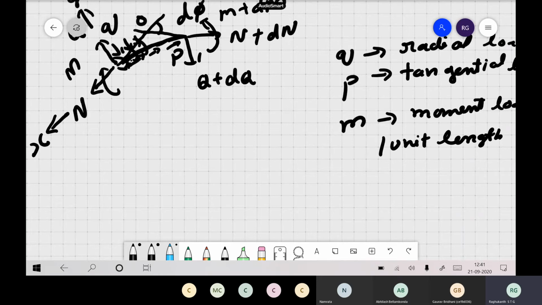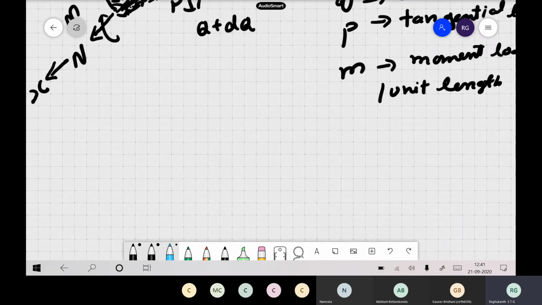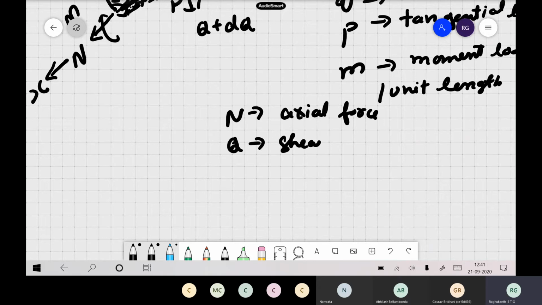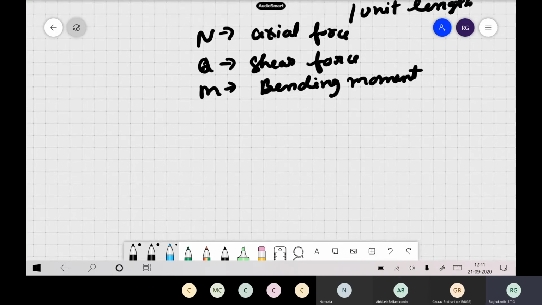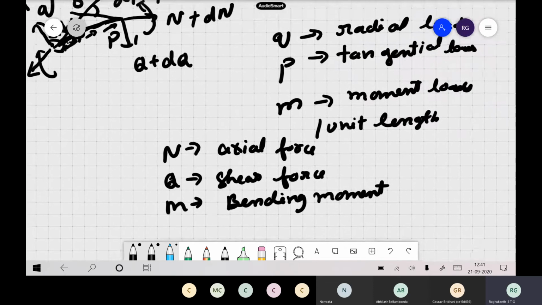So now N is the axial force, and of course this is your shear in that small element, and this is your bending moment. This equation is the same as what we do in the Euler-Bernoulli beam.